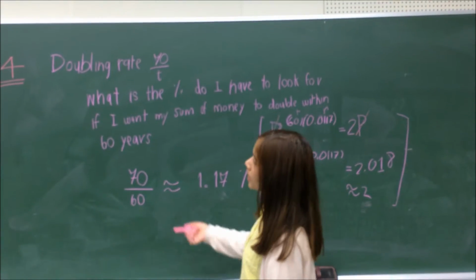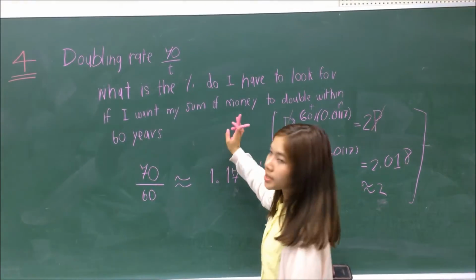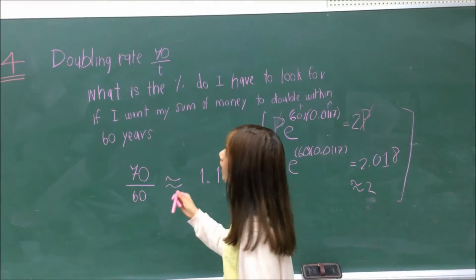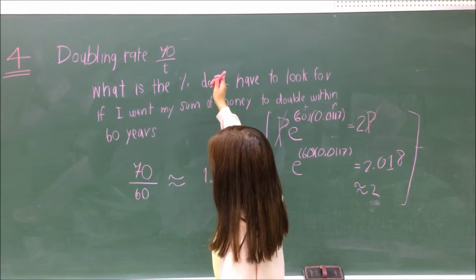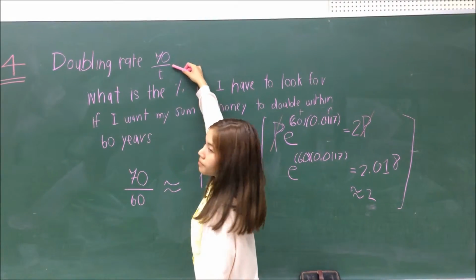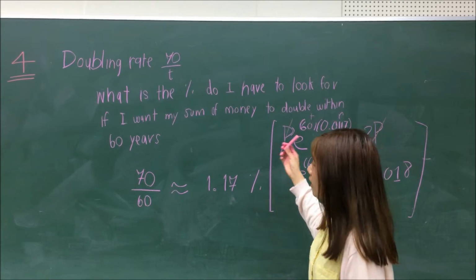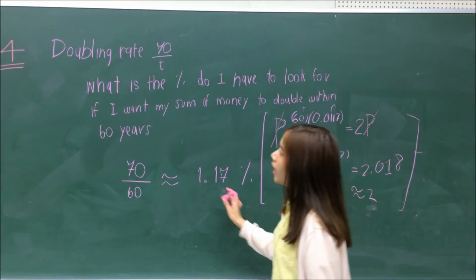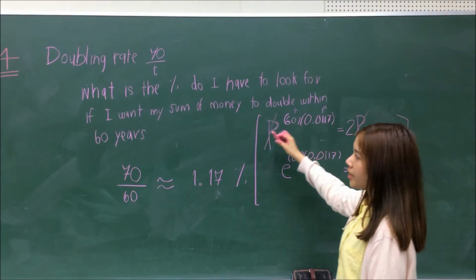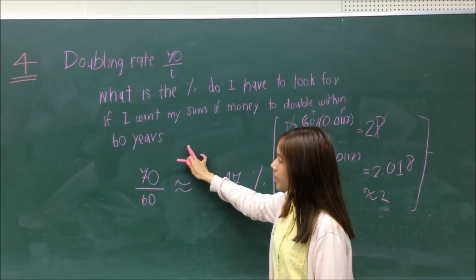Here is the last topic, doubling rate. It is similar to the previous case, doubling time. In this one, it is 70 divided by T, using this formula for looking for the percentage. What percentage do I have to look for if I want my sum of money to double within 60 years?